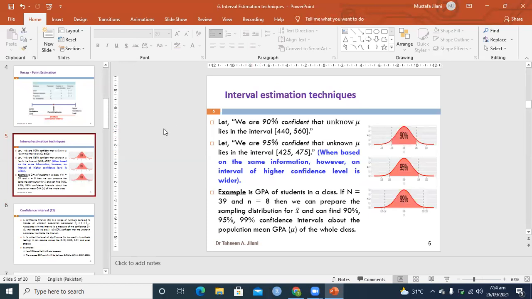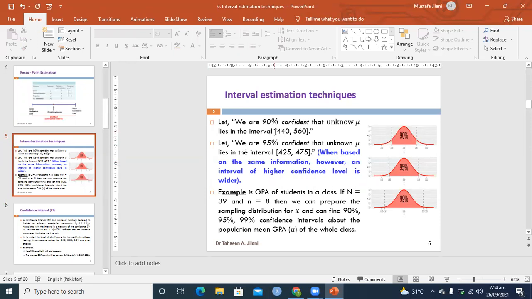Suppose in the SAT exam, the population mean means all the students' average grade in the SAT exam. Suppose there are 50,000 students in the SAT exam in the whole world, then this is the confidence interval for those 50,000 students with the help of sample data, maybe consisting of 500 students out of 50,000. That means around 1% of the total.